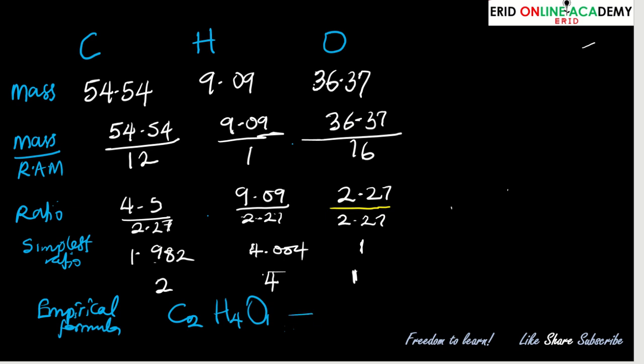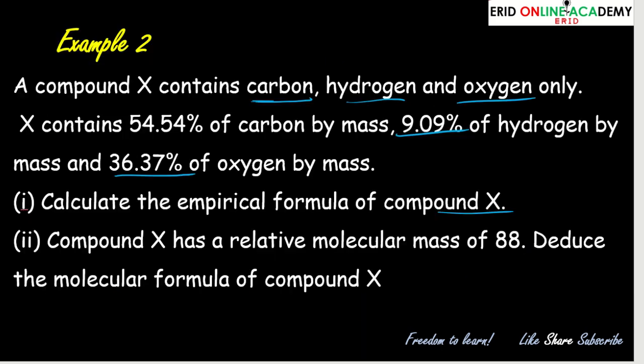So how do you write it? It is C2H4O. That's the empirical formula. The second part of the question says compound X has a relative molecular mass of 88. Deduce the molecular formula of compound X.